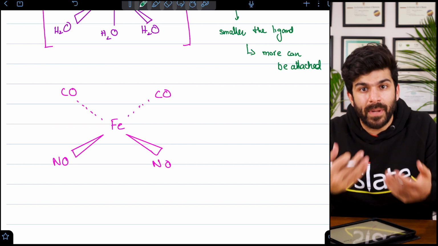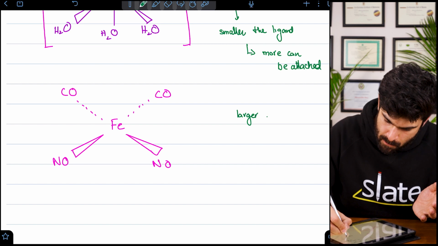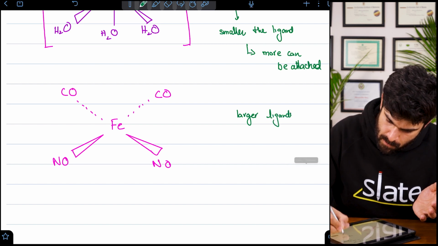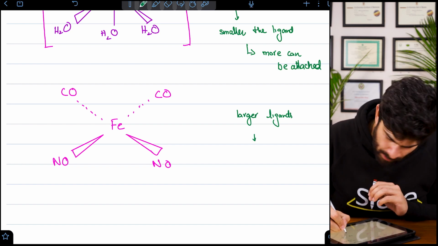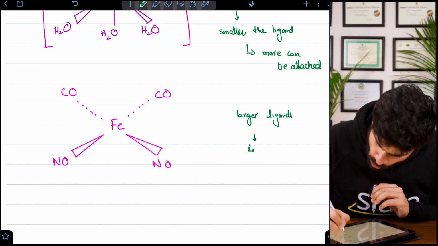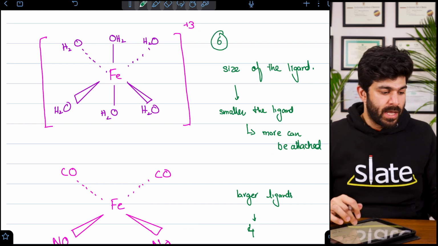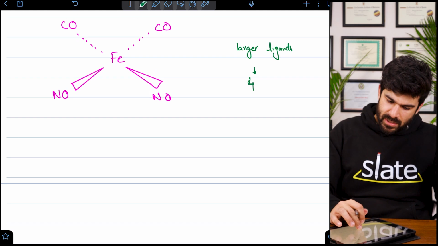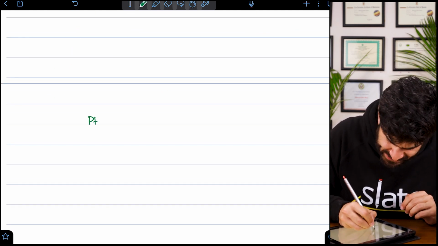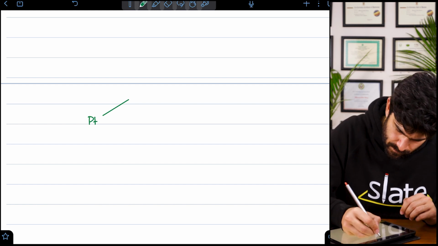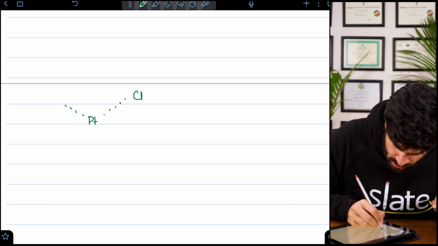N and O, that's again a big one. These are larger ligands. So larger ligands have coordination number 4, and smaller ones can have coordination number of 6. An important example of your syllabus is cisplatin or transplatin, whatever you call it. Pt, platinum is there, bonded with Cl.